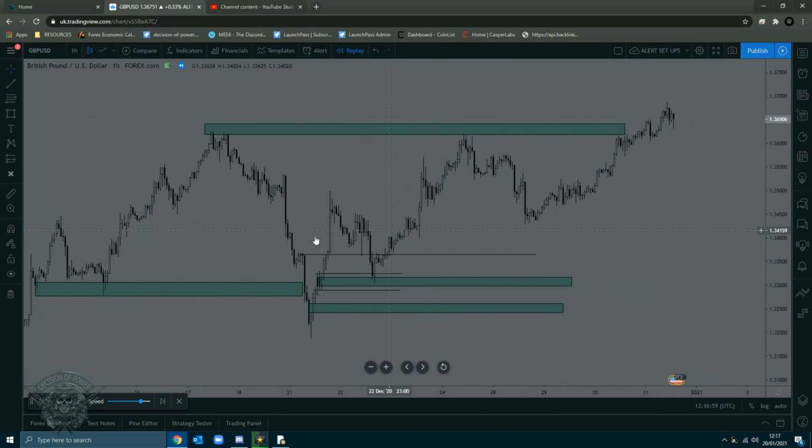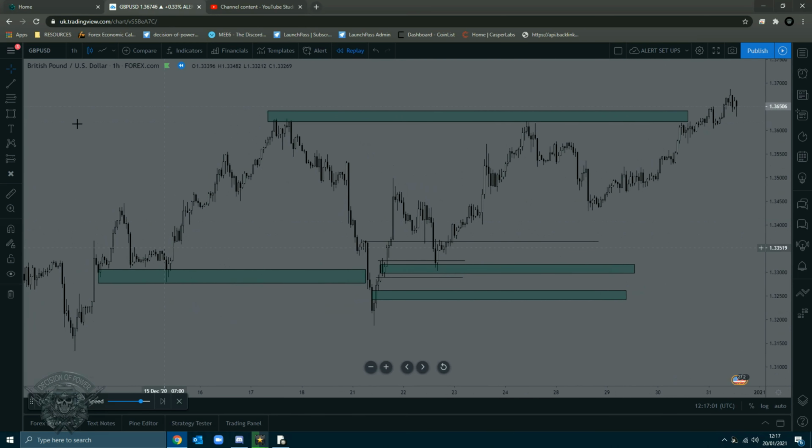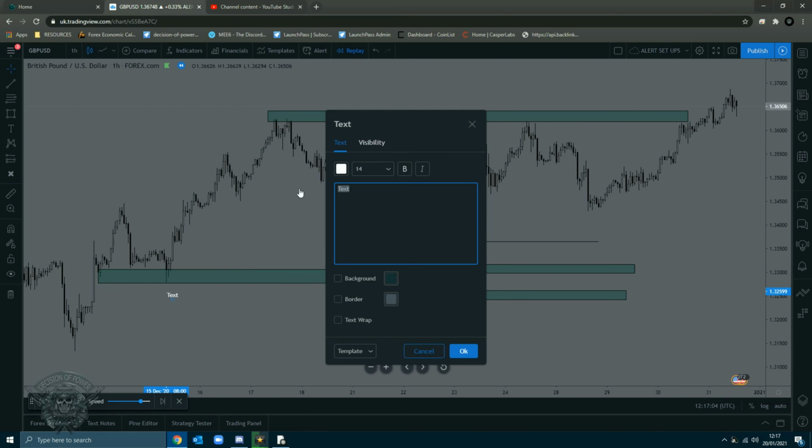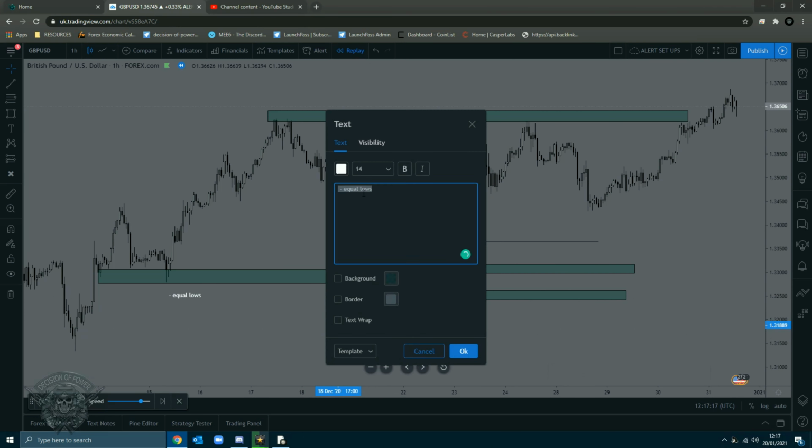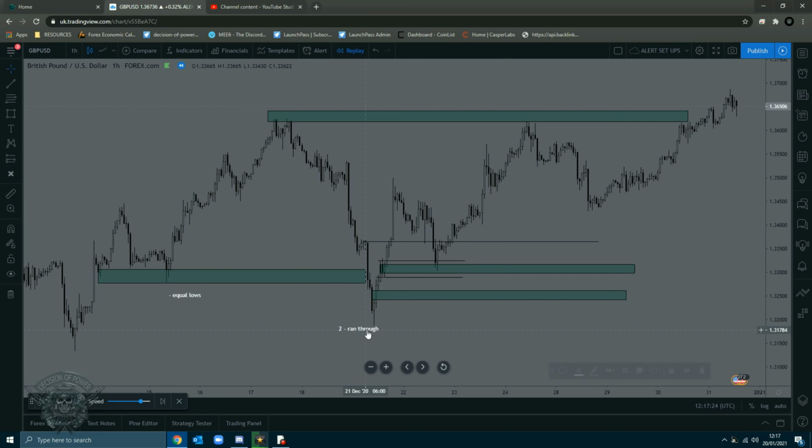Now, for those that couldn't see this going on, we've got 1, equal highs, ran through.